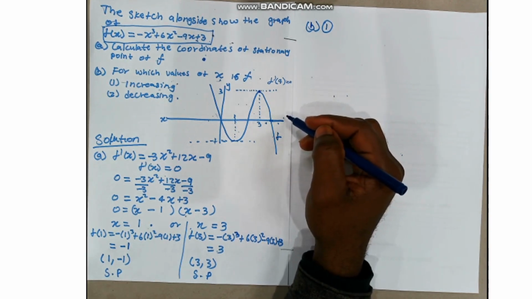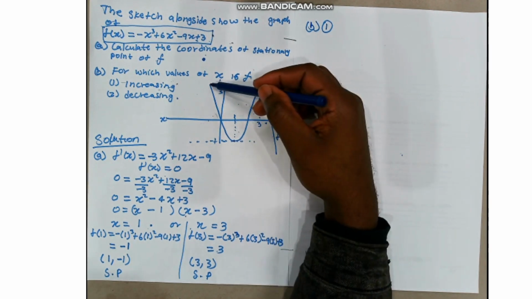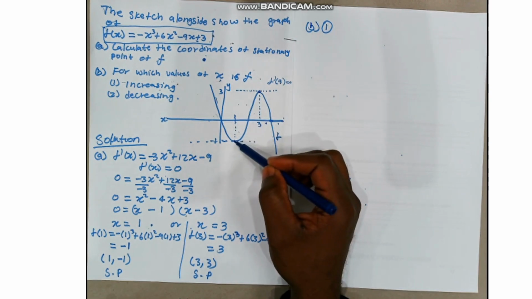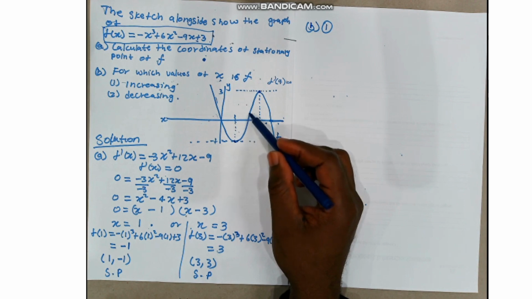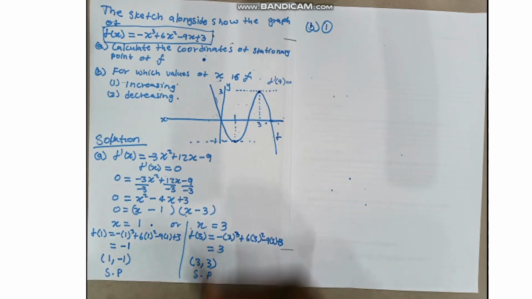The graph increases from this point, because from here going down it's decreasing before it reaches the point. But when it reaches the point, going up, yes, it increases. So where does your graph increase?